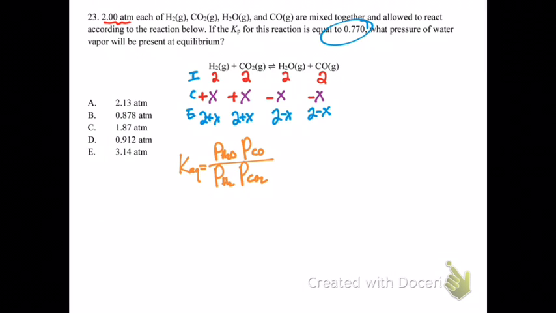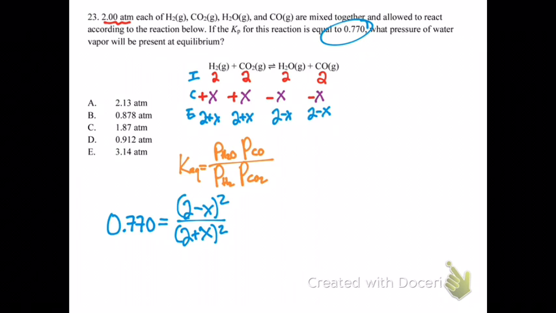Keq, we're told, is 0.770. And that's going to be equal to our products, which are 2 minus x and 2 minus x. So it's going to be 2 minus x squared over reactants, which are both 2 plus x. So 2 plus x times 2 plus x is going to be 2 plus x squared.